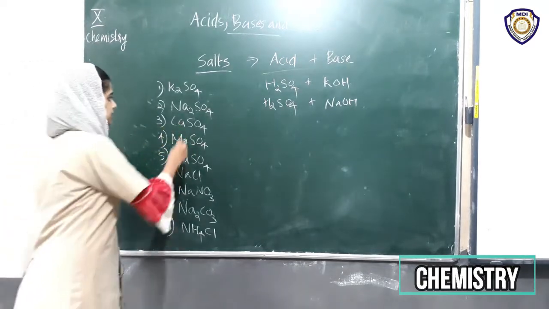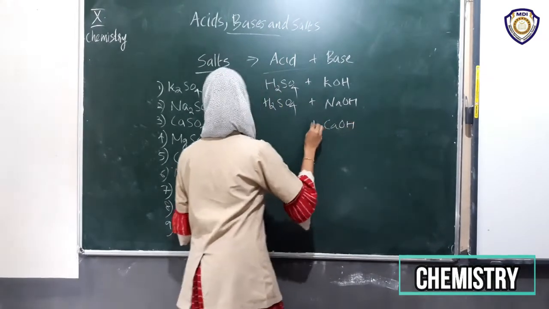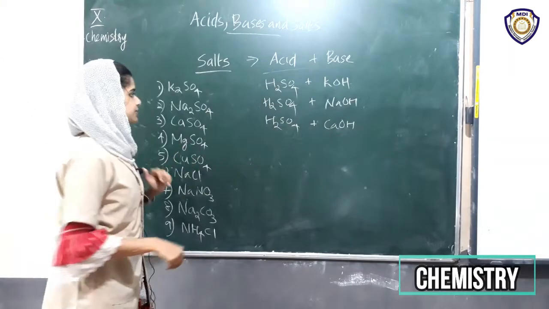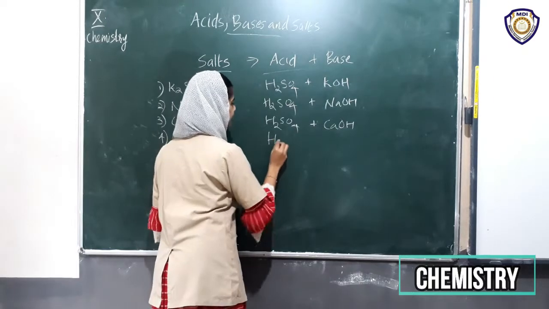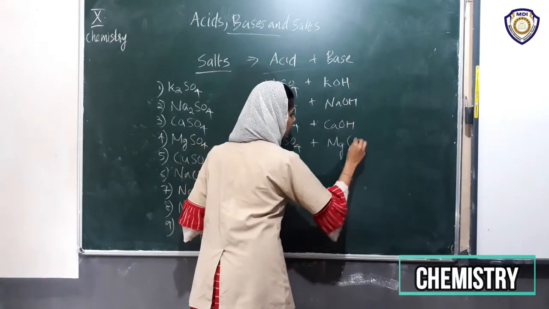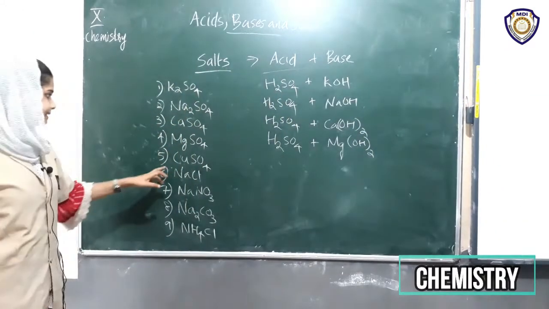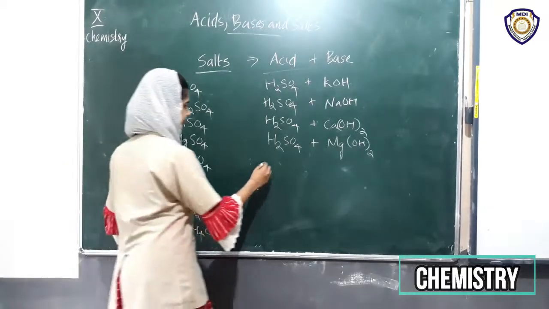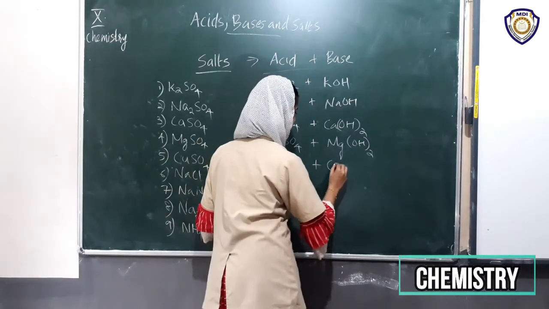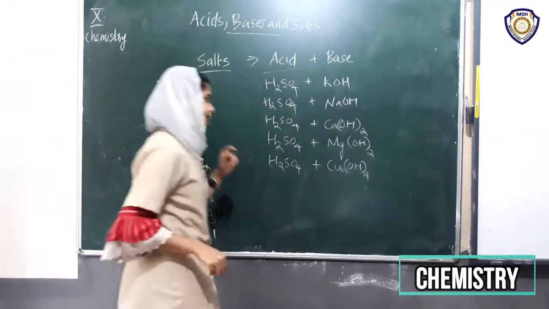In the case of CaSO4: calcium hydroxide plus H2SO4. Then MgSO4: again H2SO4 and magnesium hydroxide. Then CuSO4: H2SO4 plus copper hydroxide.